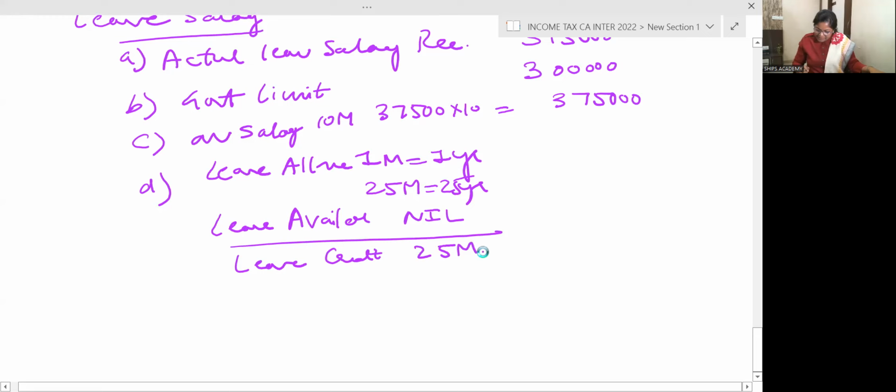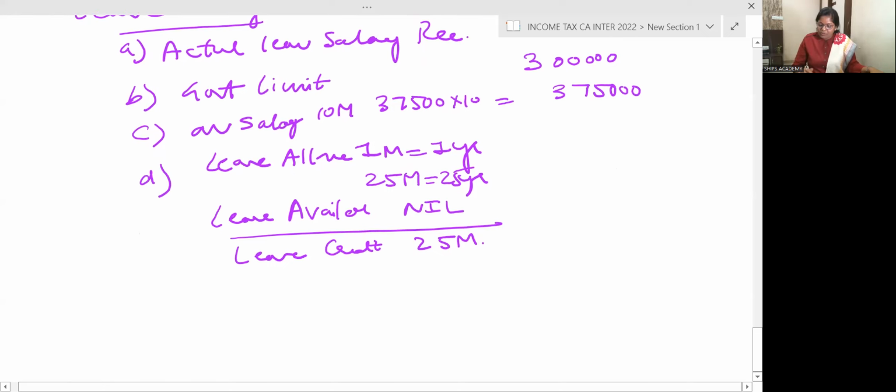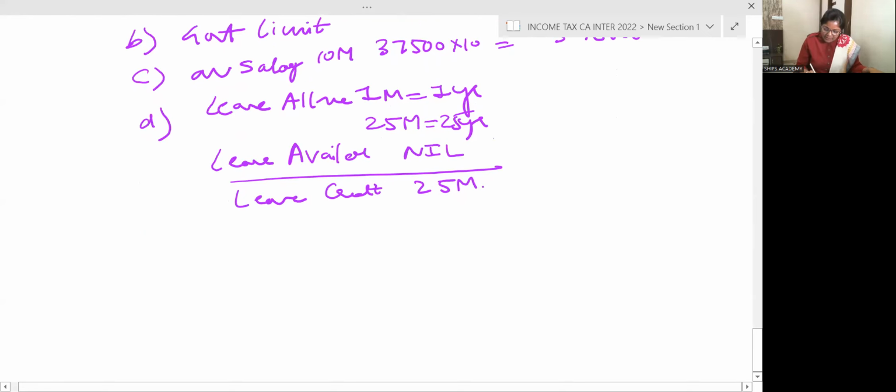Anyone in the class feeling you are not getting it? We did all this in a lot of detail. Check it, and tomorrow when I start the class, put your doubts in the chat box. These notes are there, I'll come back and explain. Government limit 3 lakh. Actual leave salary is done. Average salary is done. 1 month, 1 year, 25 months, 25 years. Nothing you have availed, then take it.